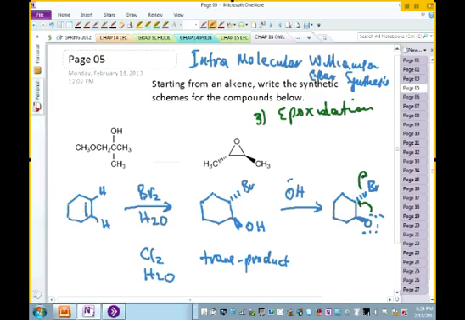Okay? And then this will leave. And then you form your epoxide. So these are the two ways in which you form epoxide.